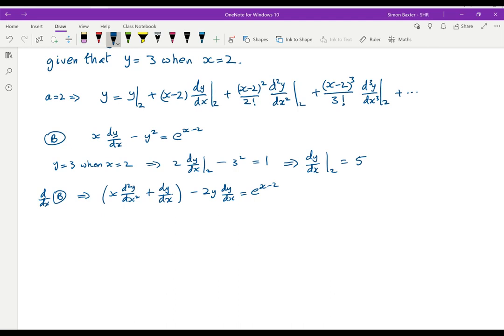Now we have that x is 2, y is 3, and dy by dx is 5.